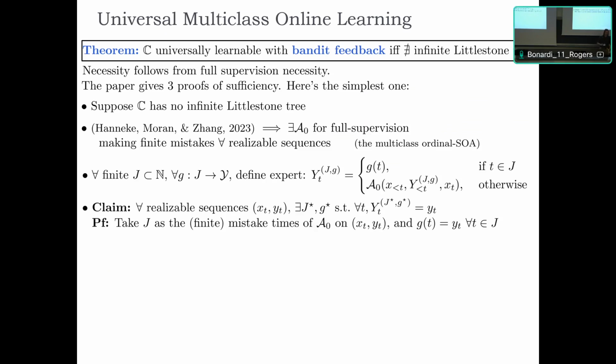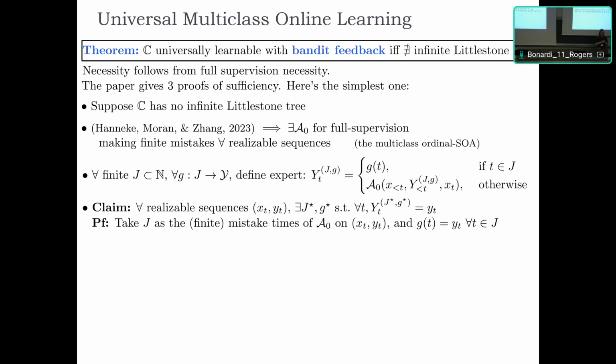So specifically for every finite index set J, and for every function g that maps J to the labels, we associate a sequence of labels with the indices in J. Let's define an expert, which just produces a sequence of labels by the definition here.